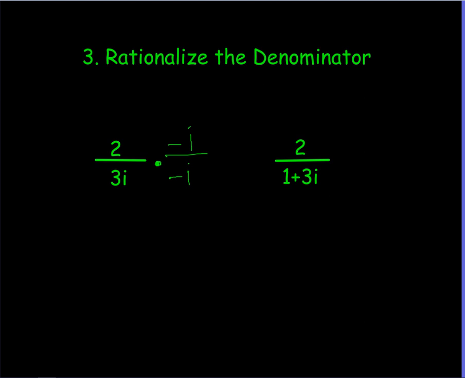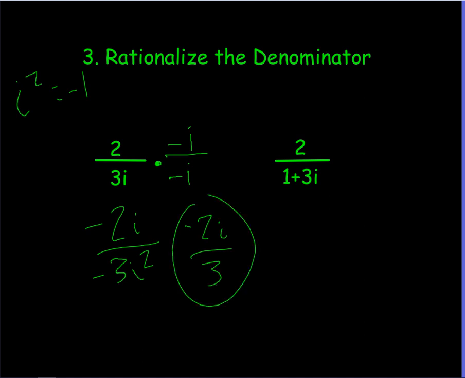So you would multiply both the numerator and denominator by -i, giving you -2i divided by -3i squared. As a reminder, i squared we know is equal to -1, so that gets replaced with a -1, and we are left with this.